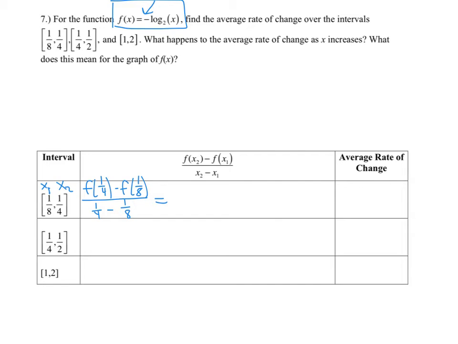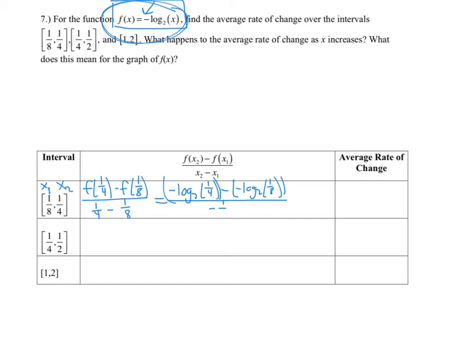Alright, so I calculate the y values by using this function. When I plug in 1/4 to that function, I have negative log base 2 of 1/4 minus negative log base 2 of 1/8, all divided by negative 1/8.